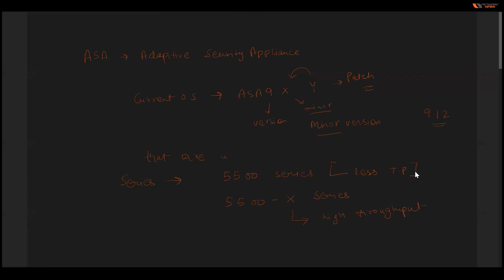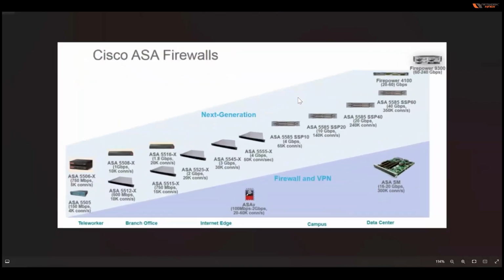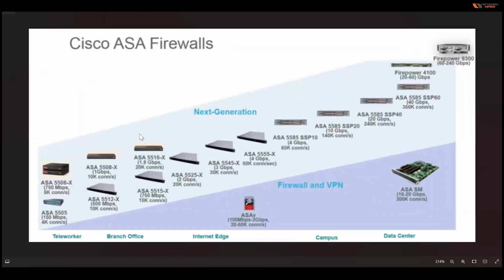So let me just give you another view. Here it is. See, guys, this is the X series, and you can see the throughput, 1.8 gig.